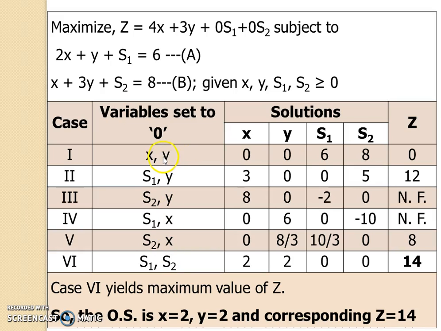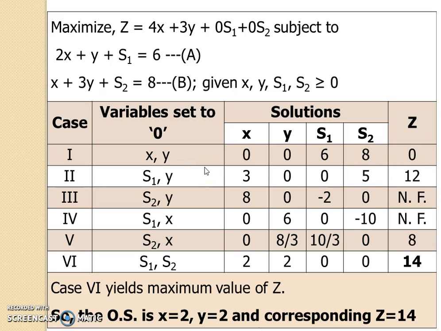Now when we set x and y to 0, we get the values for s1 and s2 from these two equations A and B. s1 is 6 and s2 is 8. Substituting these values in the objective function, we get the value of z as 0.